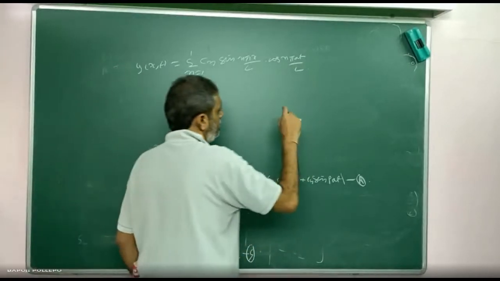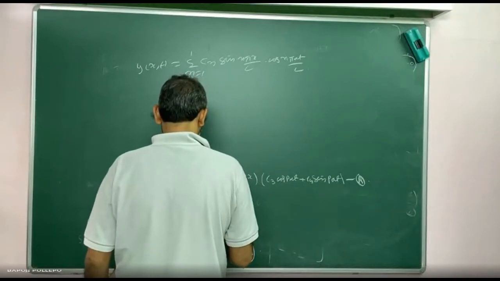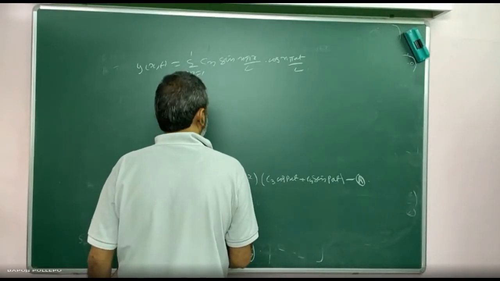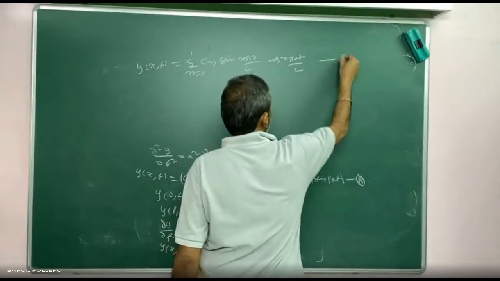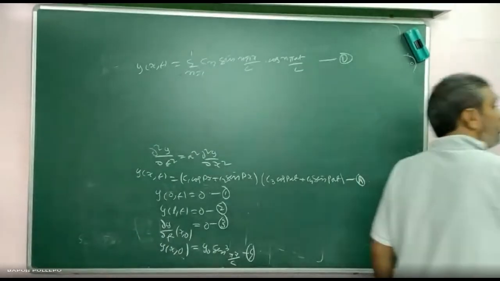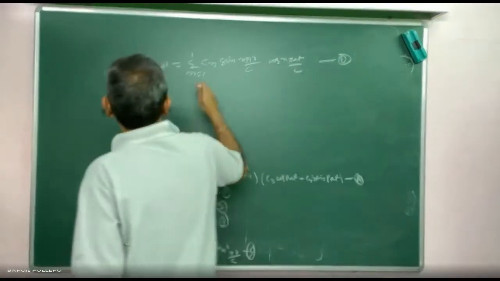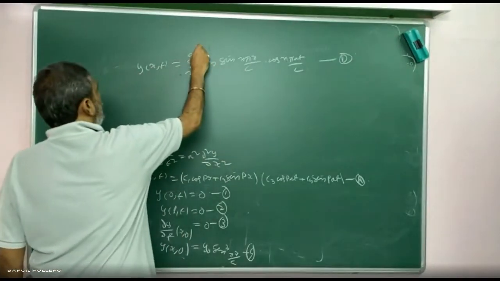Maybe equation A, B, C, then D is the equation of D. Up to I substituted the third equation, sigma n is equal to 1 to infinity.